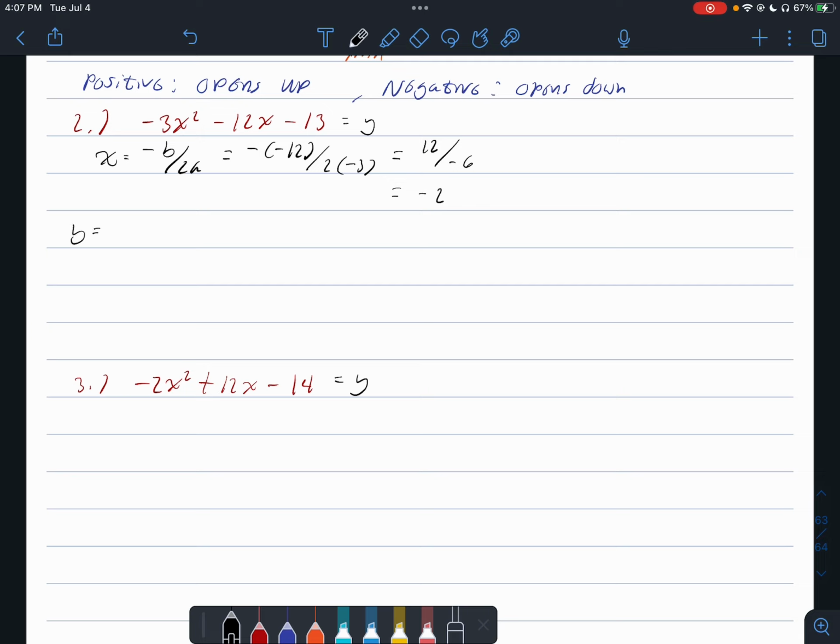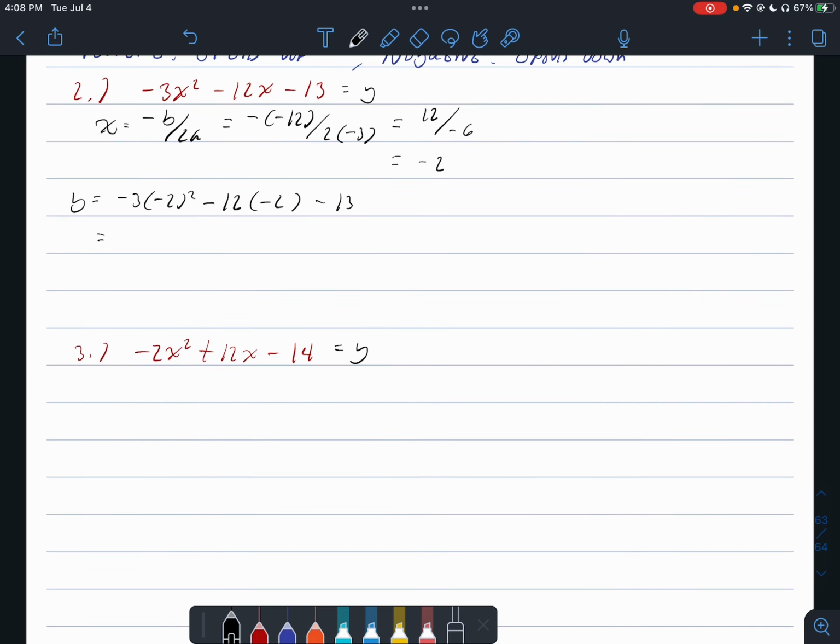So the y component is going to be given by negative 3 times negative 2 squared minus 12 times negative 2 minus 13. Or we have negative 3 times 4 plus 24 minus 13, or negative 12 plus 24 minus 13.